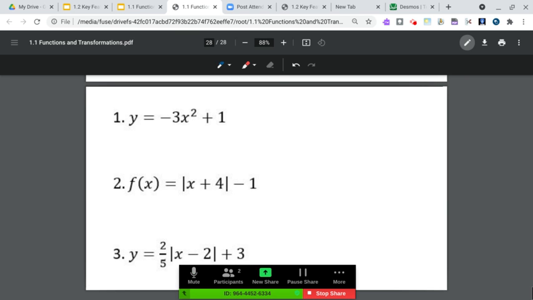Number 1, can you tell me what happens to the parent function y equals x squared? What are all of your transformations there? Good. X-axis reflection. You got it, by a factor of 3.